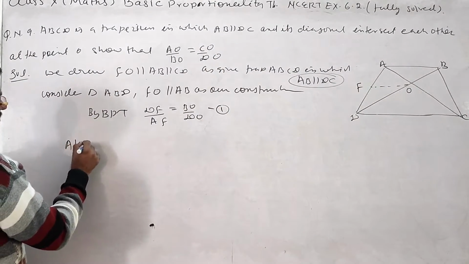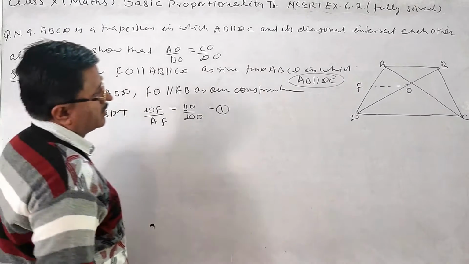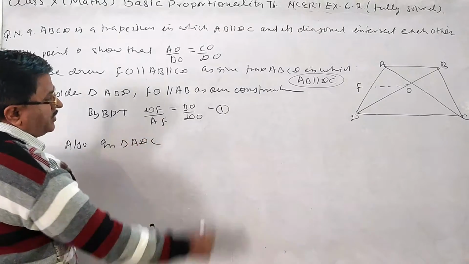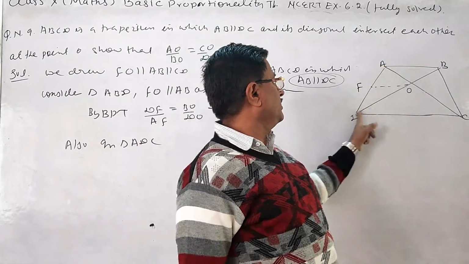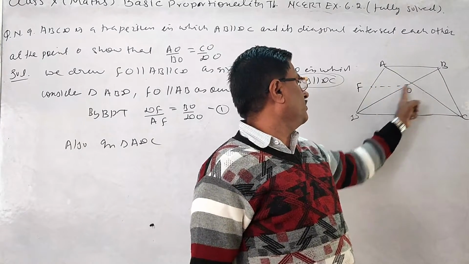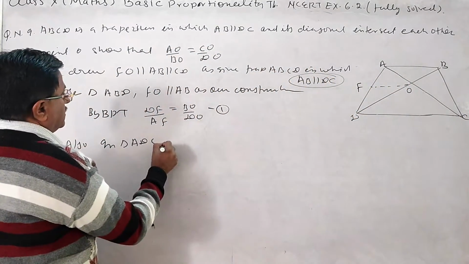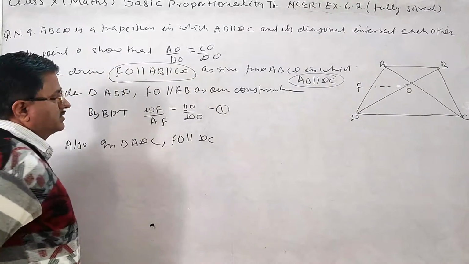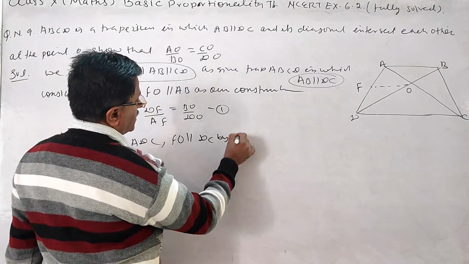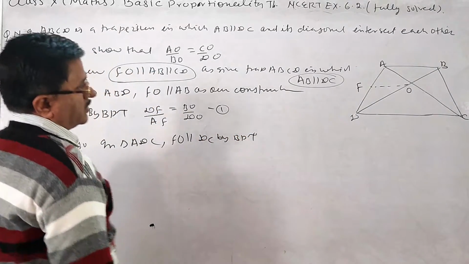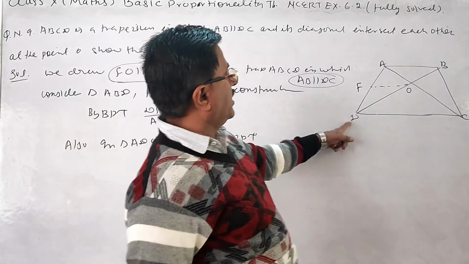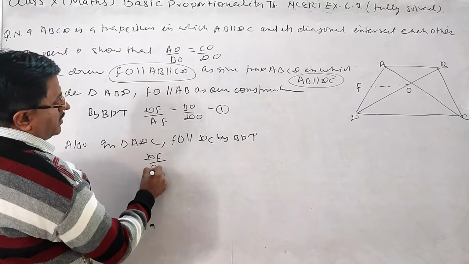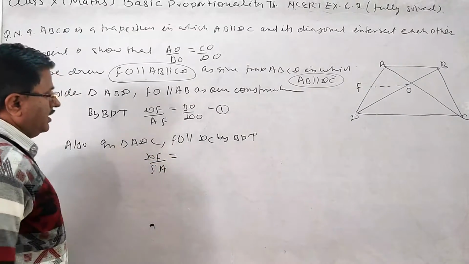Also, in triangle ABC, now we consider this triangle ABC. In this also FO is parallel to BC. Here we are writing all three are parallel. So by the basic proportionality theorem, if you see this triangle, then what do we get? DF upon FA, or AF you can write.